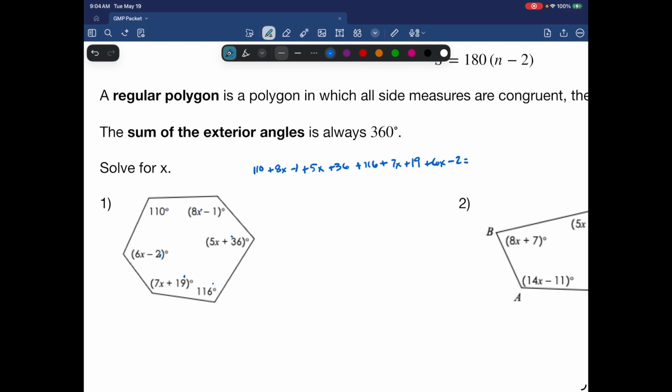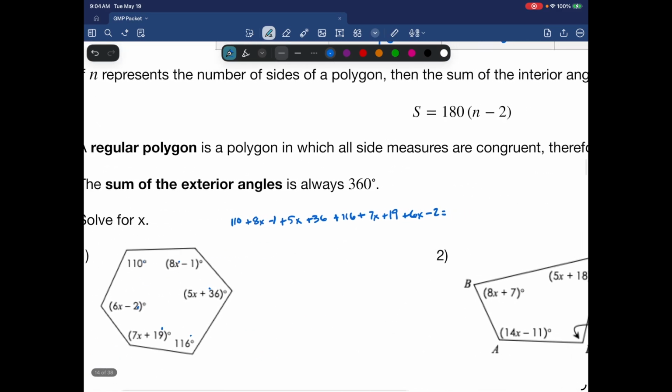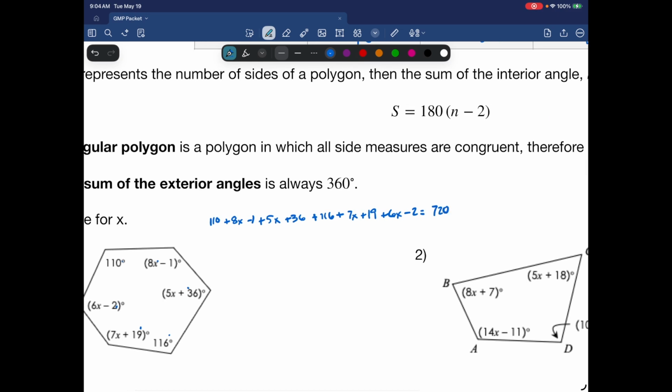And what's the degree sum for 6 sides? The hexagon would be 720, so I set this equal to 720. Now, if this was a regular hexagon, then all sides and all angles would be congruent, and this would be an easier problem. But because this is not a regular polygon, I have to set it up this way.